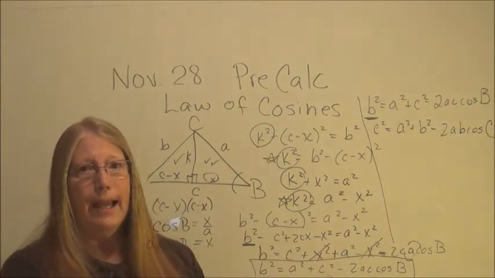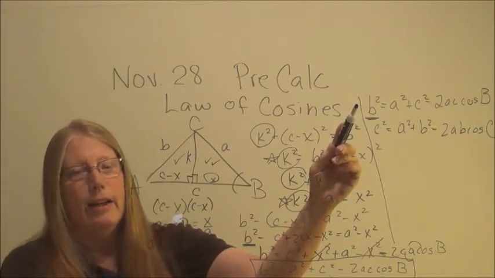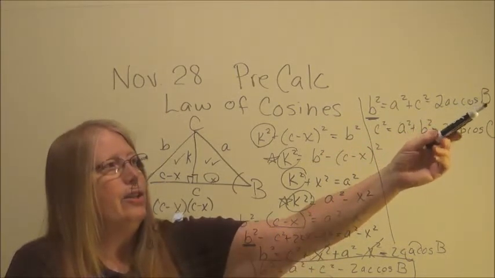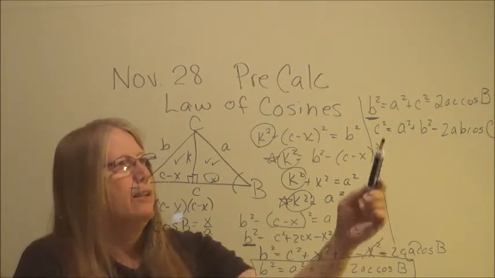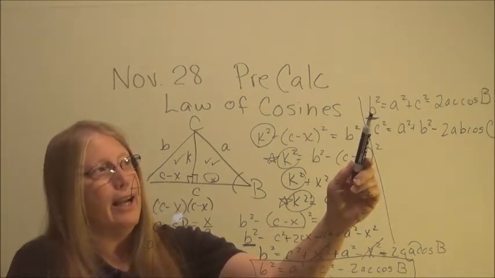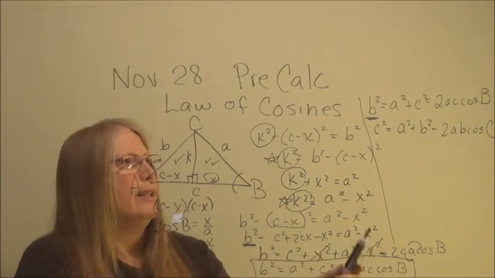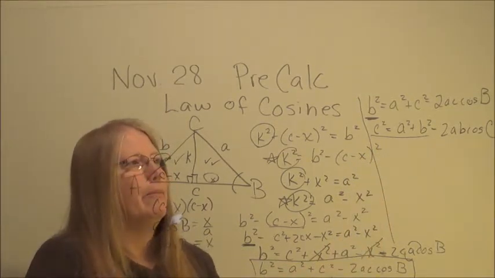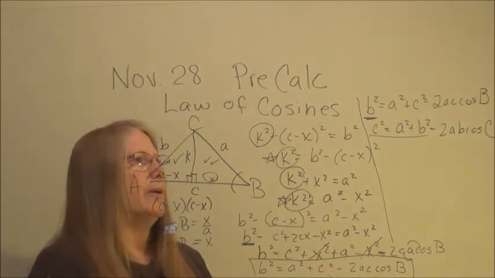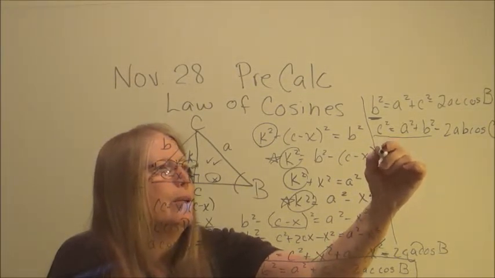So looking at the patterns, you can see that whatever side is squared on this side of the equal sign matches the angle in the cosine expression on this side. Whatever side is on this side, the other two are added on this side. And here we see remnants of the Pythagorean Theorem right there. So let's see if you can come up with what side a squared is.